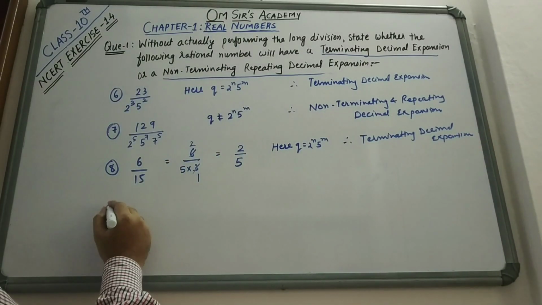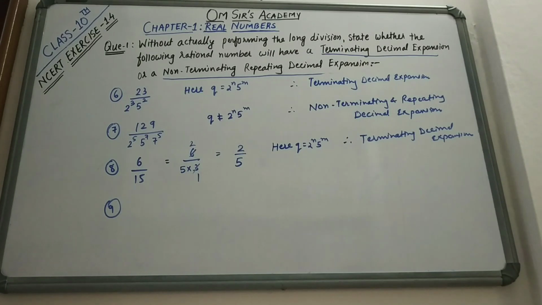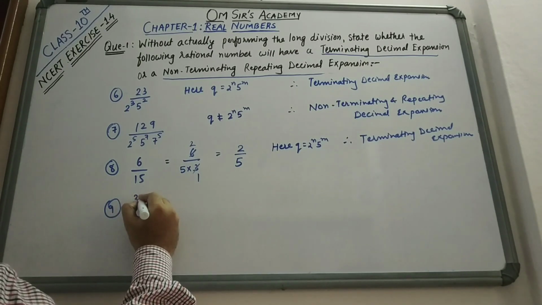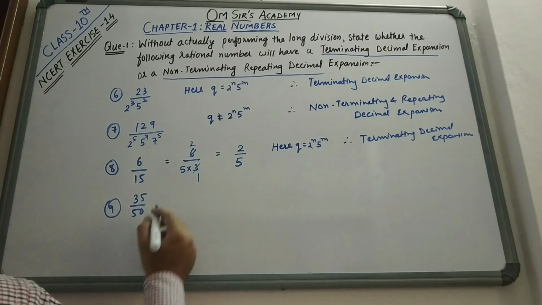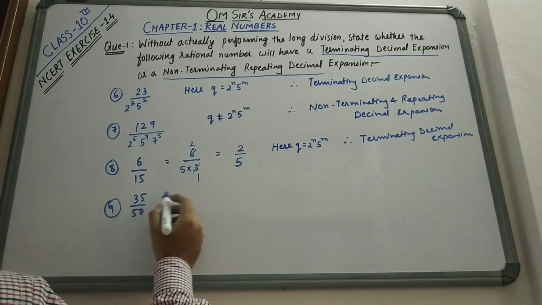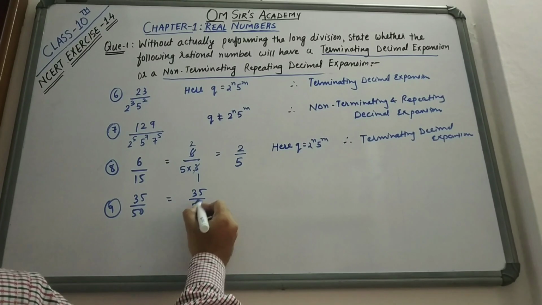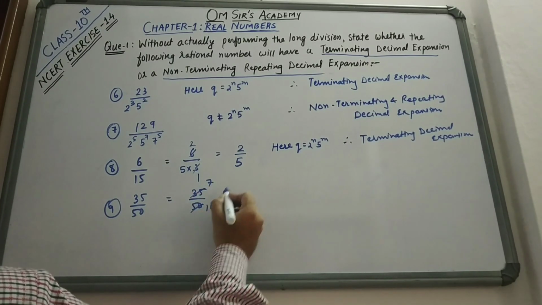Is it clear friends? And the ninth one is 35 upon 50. Again this is a sum in which it is not presented in the simplest form. So what we will do is, we will have to simplify it first. How can we simplify it? 35 upon 50, 5 sevens are and 5 tens are.